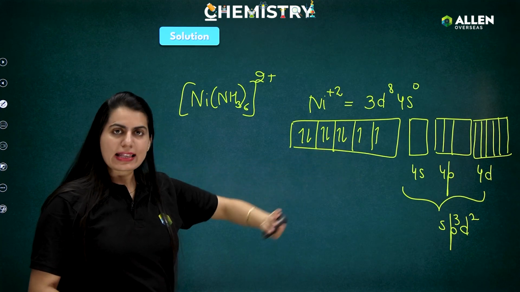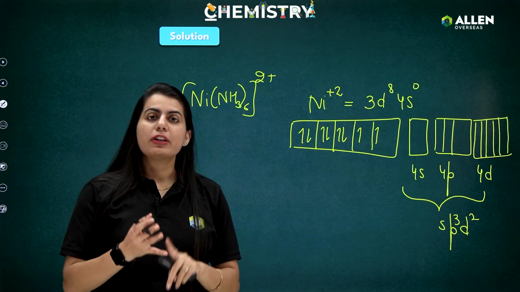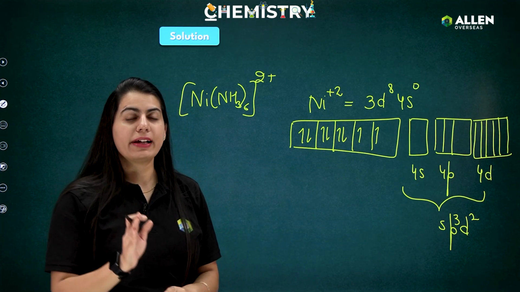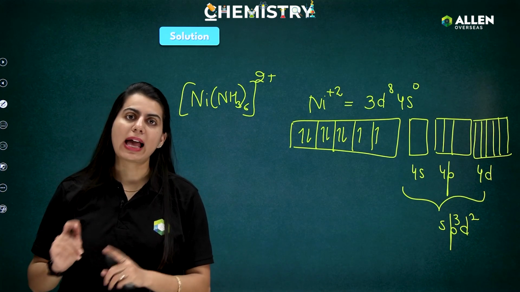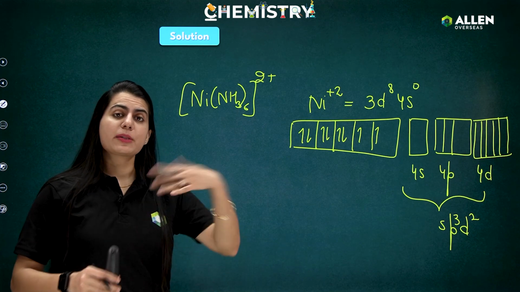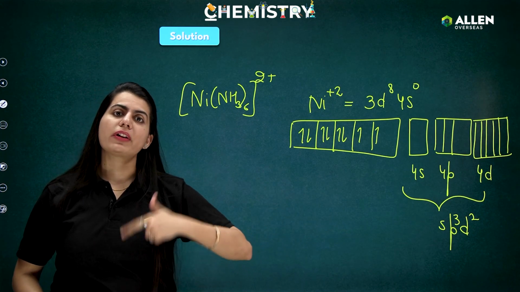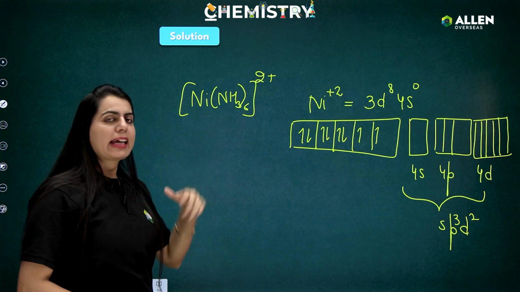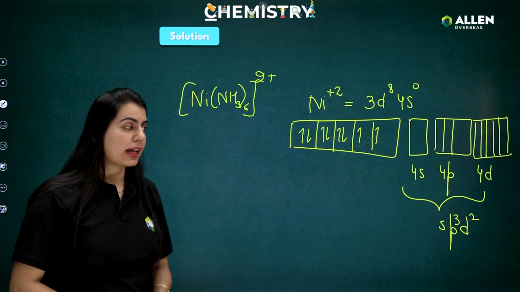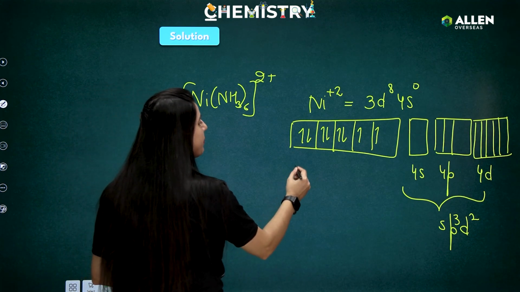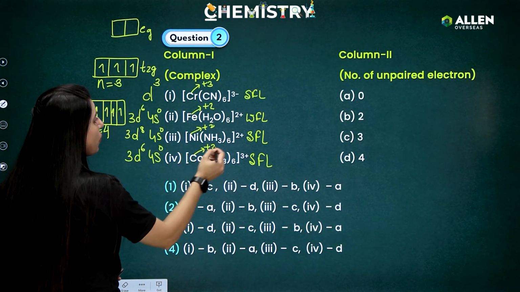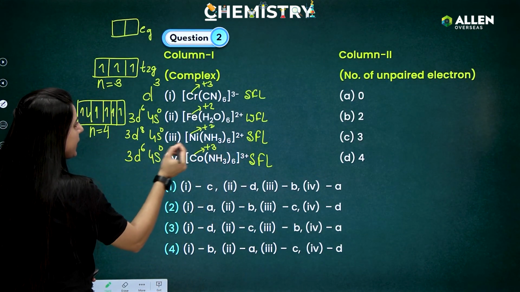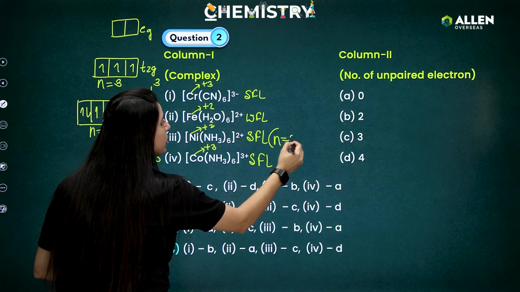So it's going to stay as it is, and we'll keep in mind whenever nickel is making an octahedral complex and it's in +2, we usually get sp3d2 as a hybridization, irrespective of whether the ligand is strong or weak. However, here the case was of a strong ligand. So we got an idea that the number of unpaired electrons in this particular case is 2.